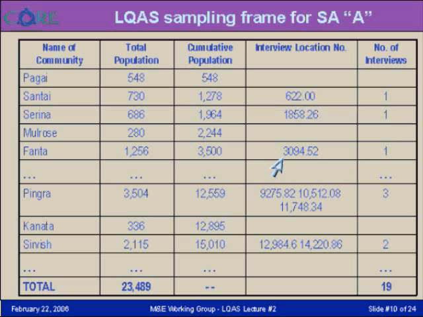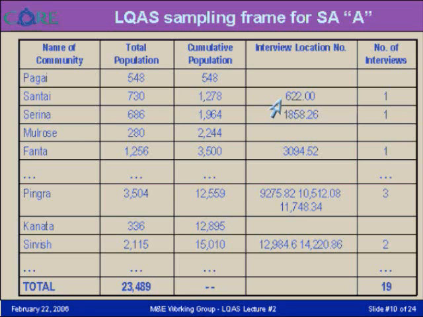Once again, all this information that we are presenting in this table is coming from the previous 4 steps. Identifying the communities along with the population sizes, then the cumulative population, and also the interview location number, which is identified first with a random number and then with the use of a sampling interval.